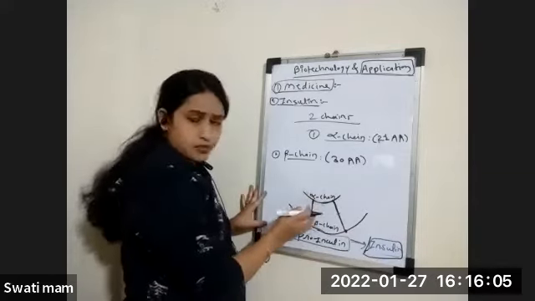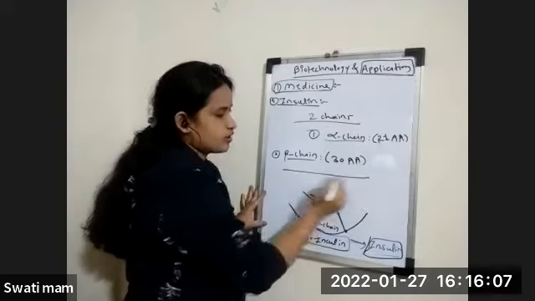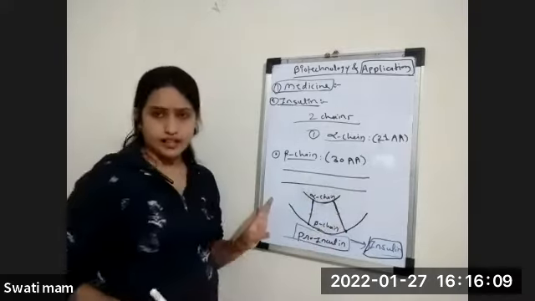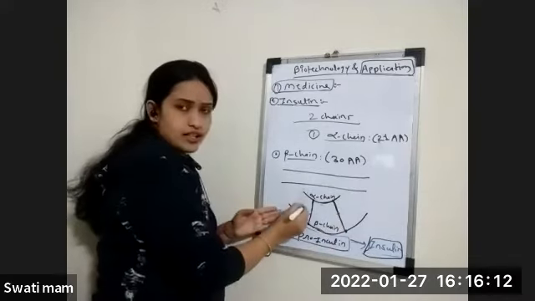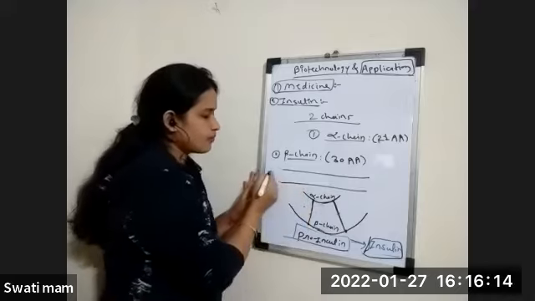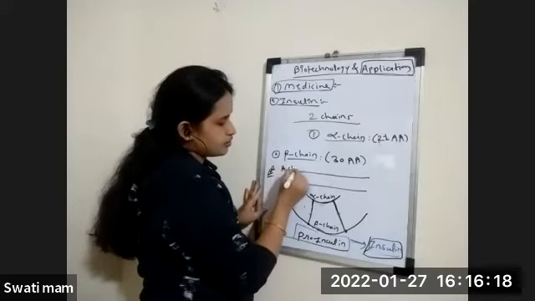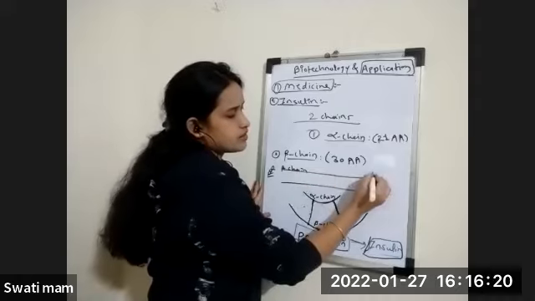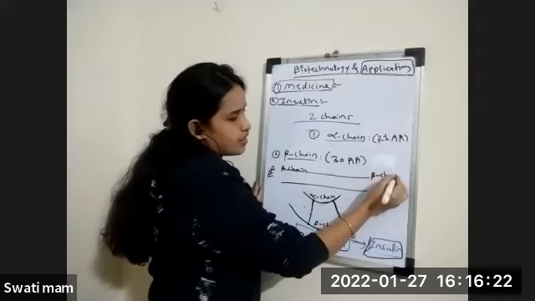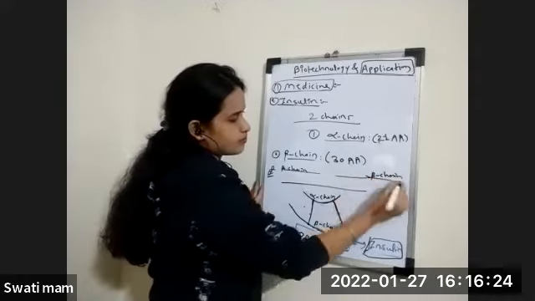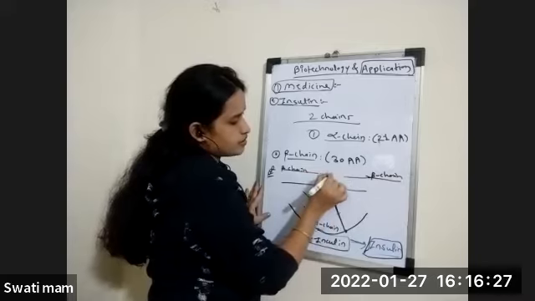See, a diagram can also be drawn like this, or in a long chain there is also one diagram. Even if you draw it this way, it is okay. For example, this is the A chain, then this is the B chain, and in between there is the C chain.